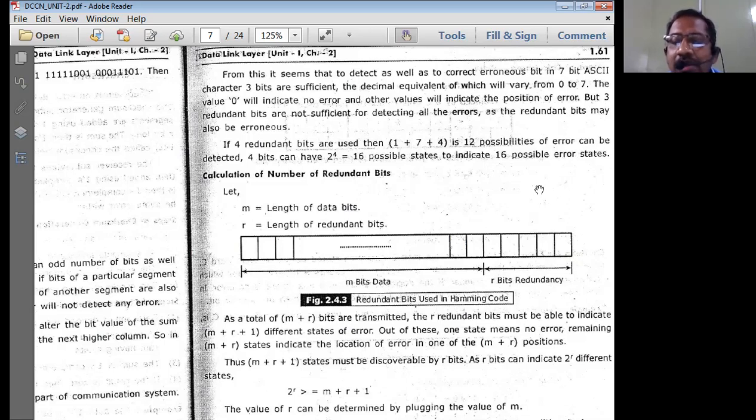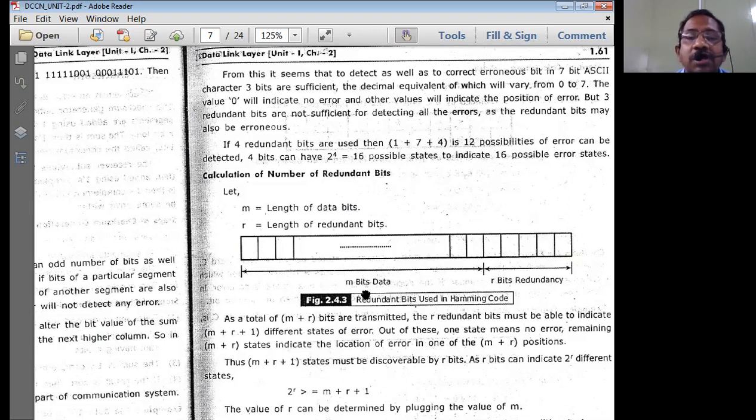That means 12 error possibilities can be detected by using 4 redundant bits. So we have to use more than what is required to detect the errors in the actual bits that we are going to transmit.